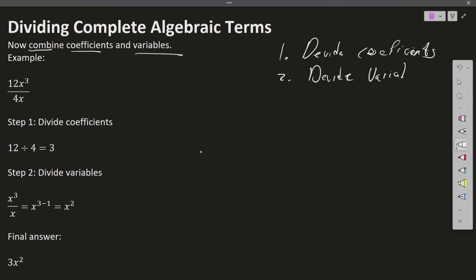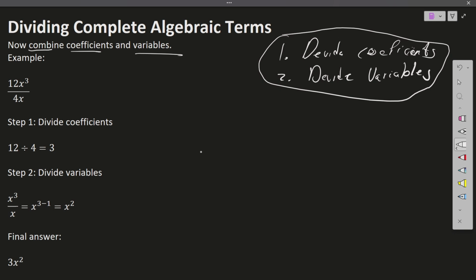I did that separately, for a reason. But now we are going to be doing the complete algebraic term, the combination of both the coefficients and the variables at the same time. So we are dividing the coefficients first, and then the variables.